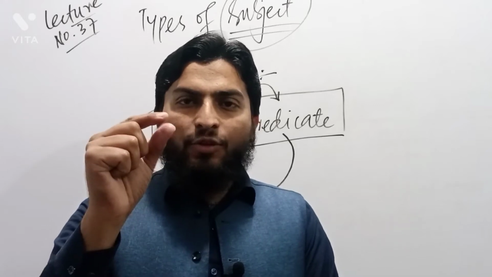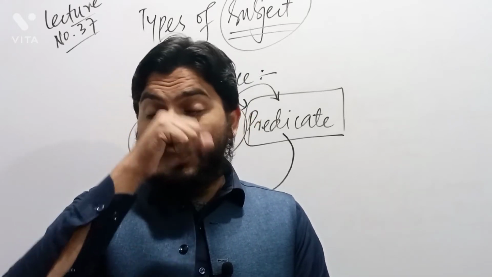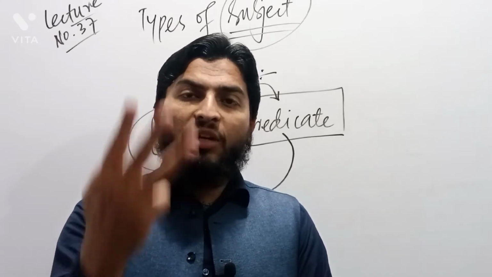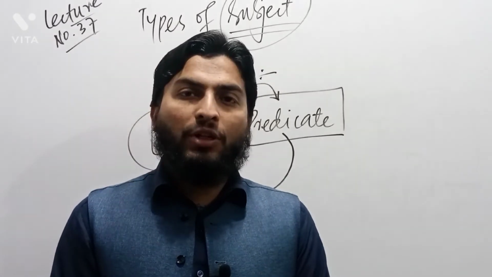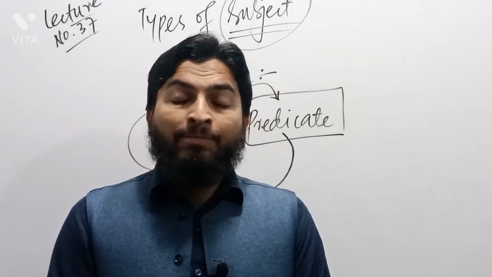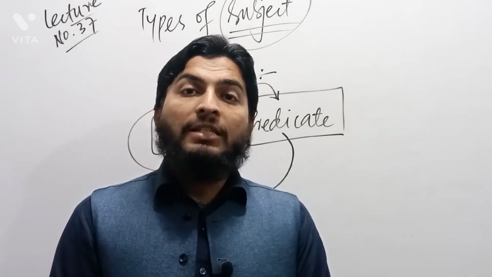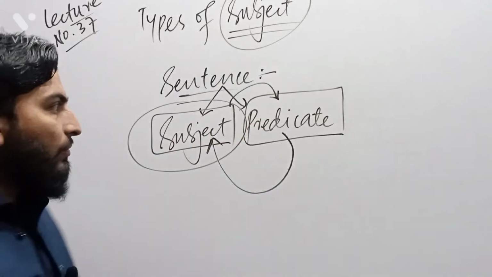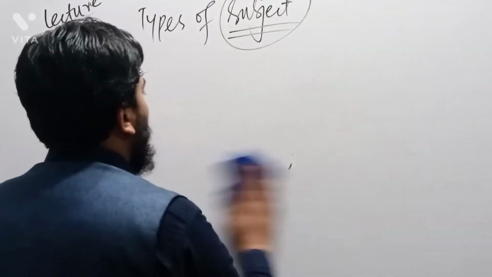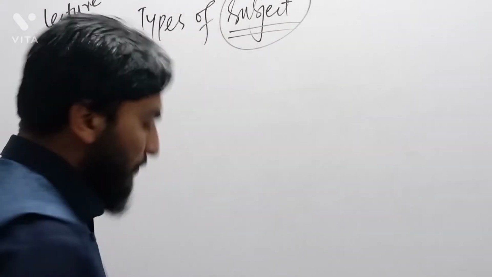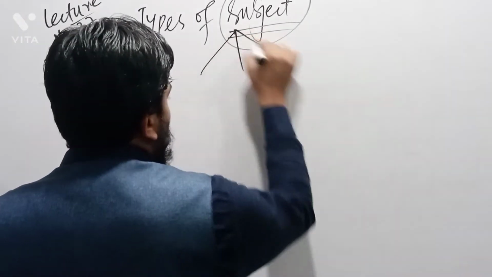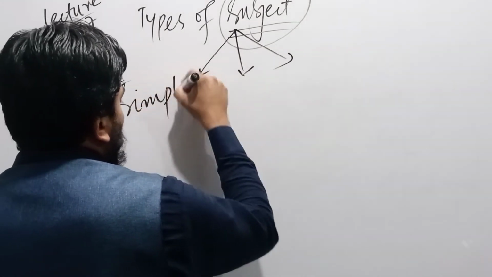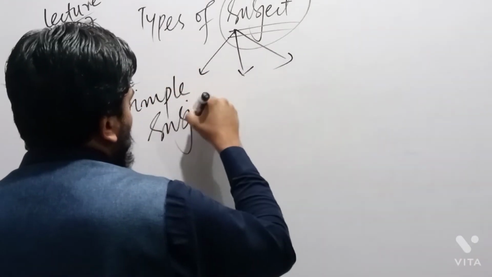So today, it is in the mind of people, how many types of subjects are there? Actually there are three types of subjects, but you must understand these three types. What are they? The very first one is called simple subject.